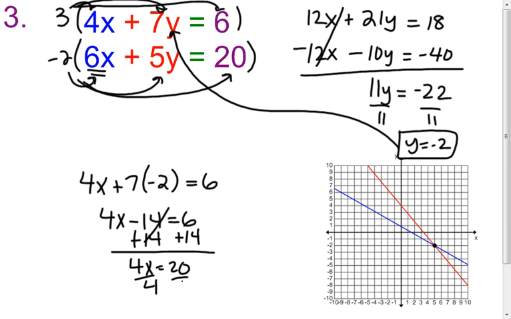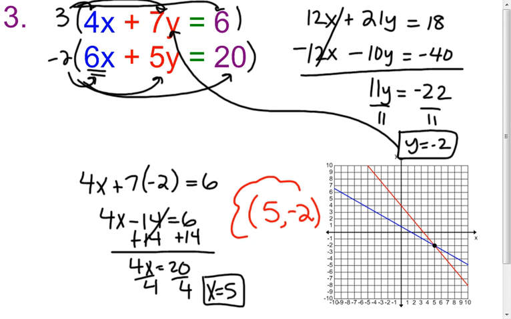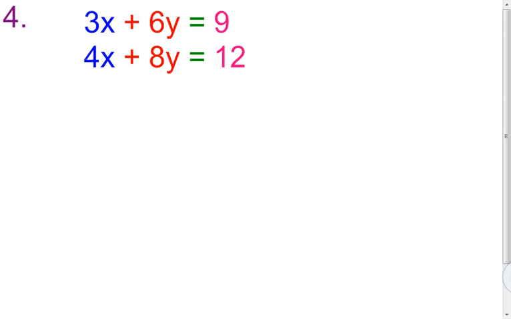Divide by 4, and I get x equals 5. Okay, so my final answer would be x, which is 5, y, which is negative 2. And again, that means that these two lines intersect in one spot at the point 5, negative 2. So there's one solution to this system. All right, last one.